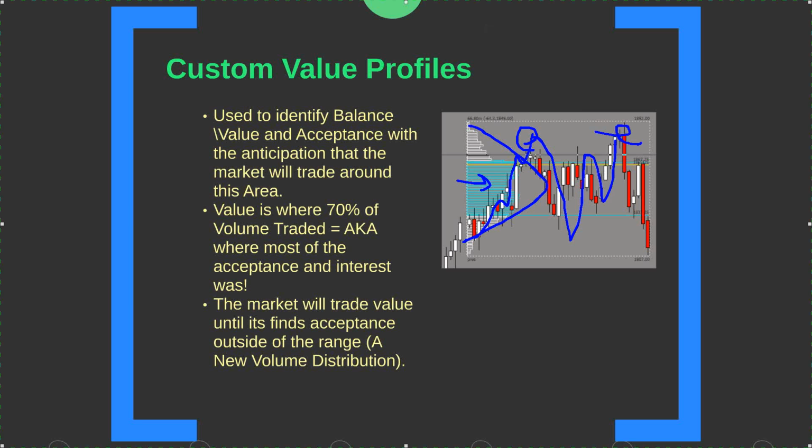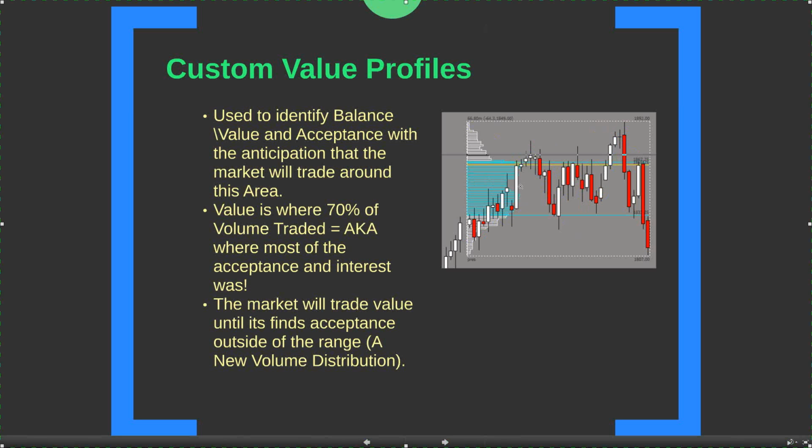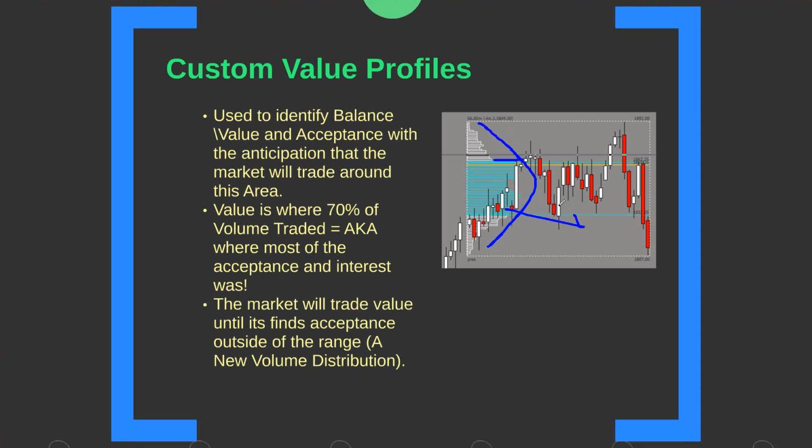Why? Really, really simple. Because the market participants, whoever they are, irrelevant of whether they're looking at this or not, are proving that they want to do business around that range. They have proven it, because these volume profiles only show you where transactions have taken place.